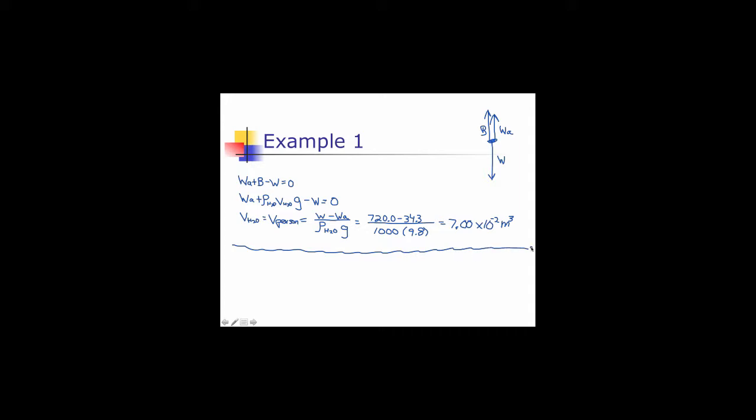Now for part B of the problem, his weight is his mass times the acceleration due to gravity. And mass is the density of him times his volume, and then I have to multiply by the acceleration due to gravity.